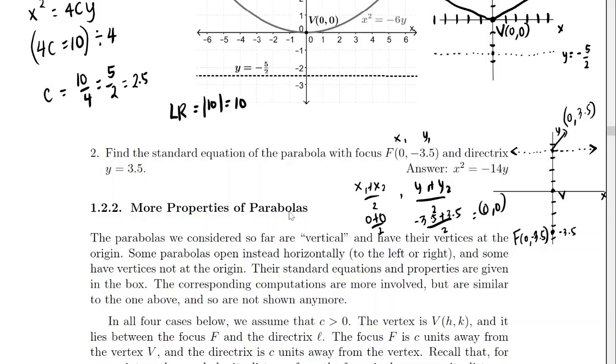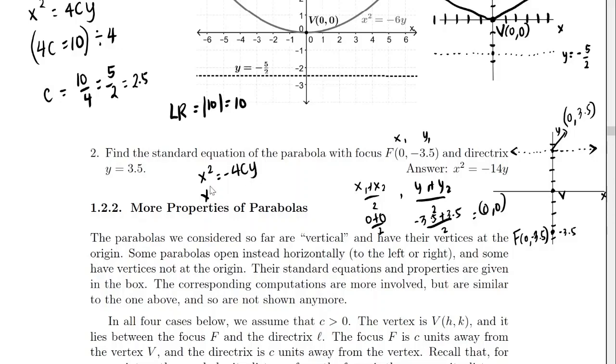Okay. Since the focus is below the vertex, it should be of the form x squared equal to negative 4cy. That means the parabola opens downward.